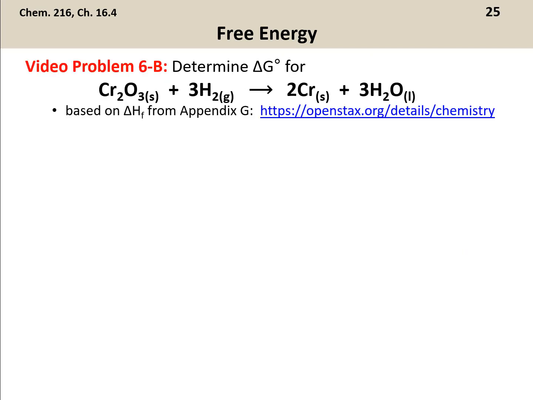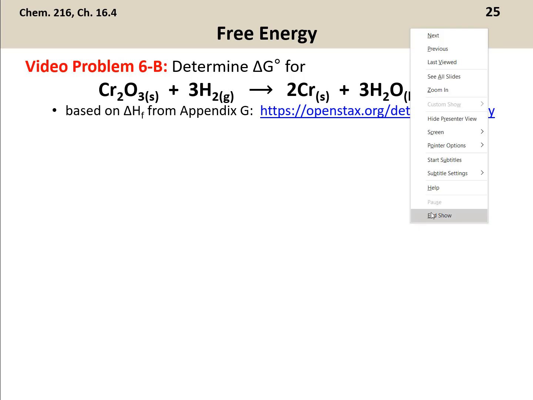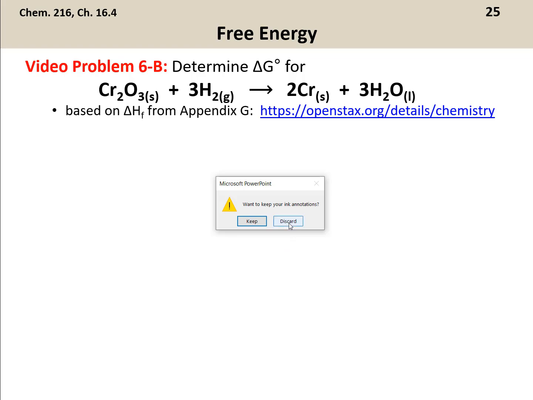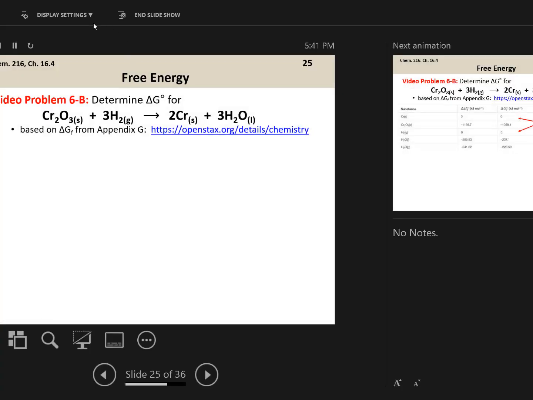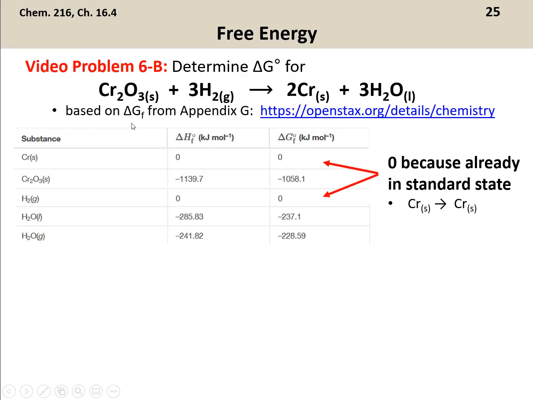Okay, so let's go ahead and have you do one. This is a little bit trickier. We have Cr2O3 plus 3H2 going to form 2Cr solid plus 3 H2O. And we're asked to do this based on the delta GFs from Appendix G. I actually have already looked those up, and here they are.